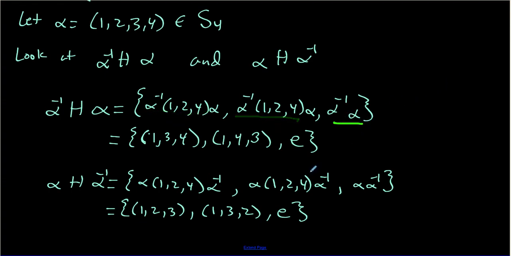One interesting thing is that if you multiply these two together, you get E. In other words, this is the cyclic subgroup generated by the permutation 1 goes to 3 goes to 4.